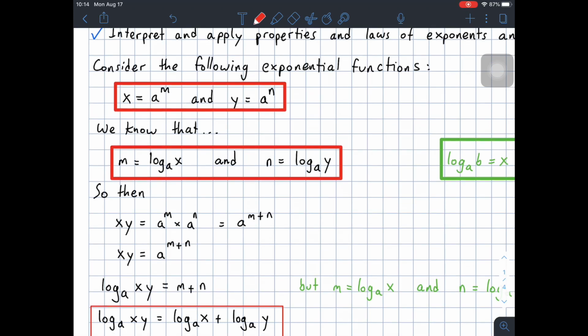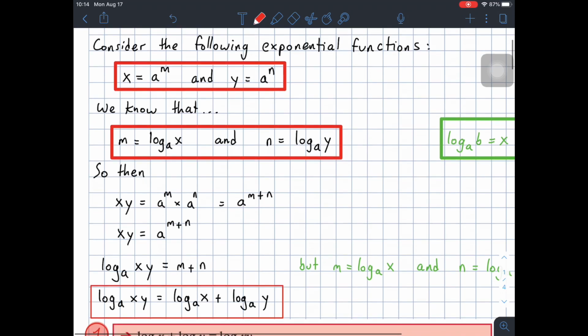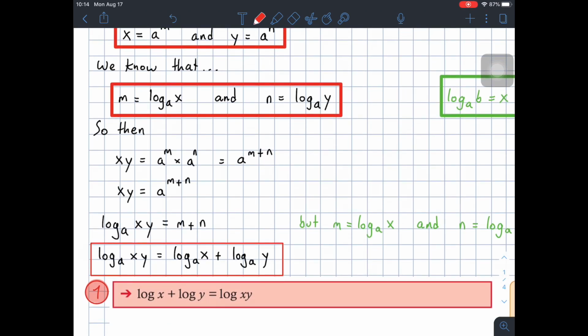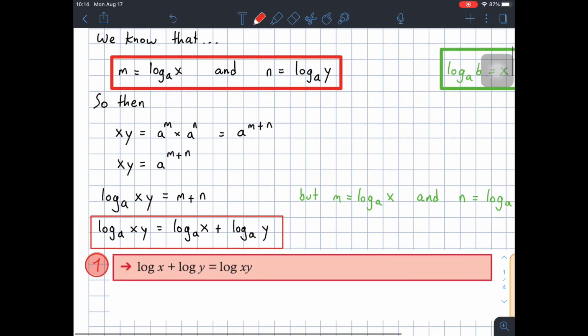And if you remember from laws of exponents, properties of exponents, whenever we multiply two expressions with the same base, we can add the exponents, right? So this is the same as saying a to the power of m plus n. So I can say that x times y is a to the power of m plus n.